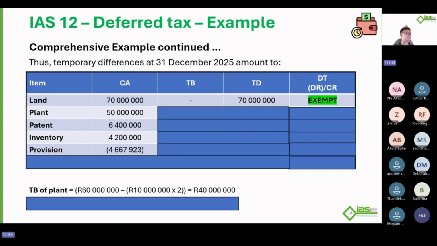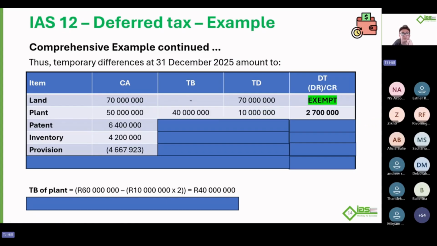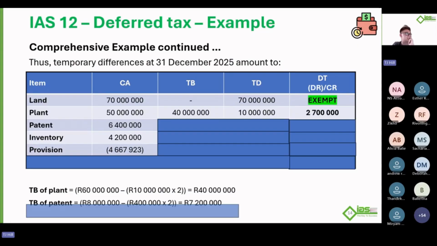They told us you get 10 mil per annum. We already bought it at the beginning of last year, so we claimed for 2024 and we claimed for 2025. That's the total cost, so cost minus allowances claimed already means this is what's still left to claim. That gives me a taxable temporary difference, and I'm going to apply the 27% to that.